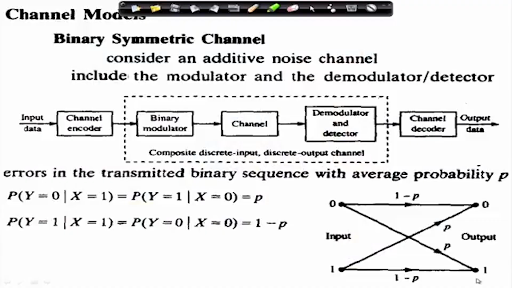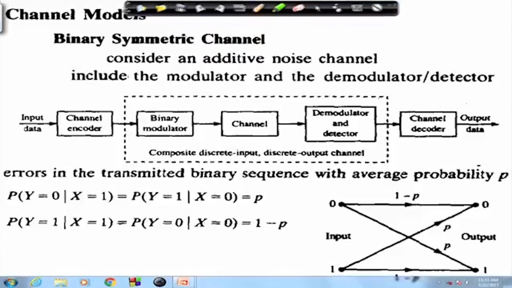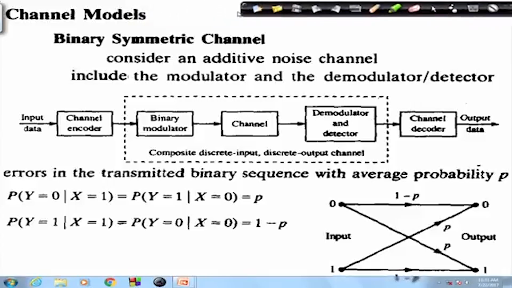So, when we study channel capacity, generally we have to first study the different kinds of channel that may be available. One of the channels that is of our interest is the binary symmetric channel.